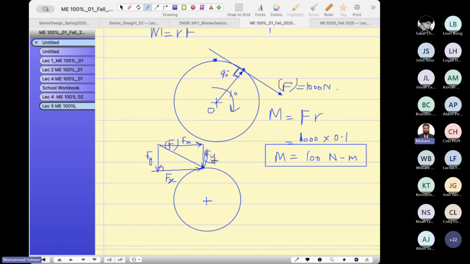Can you tell me what is the turning effect of this force, Fy times r? What is r in this case? It is directly above this center of rotation. Can you type in the chat box, if suppose this is 10 centimeter, what is r?